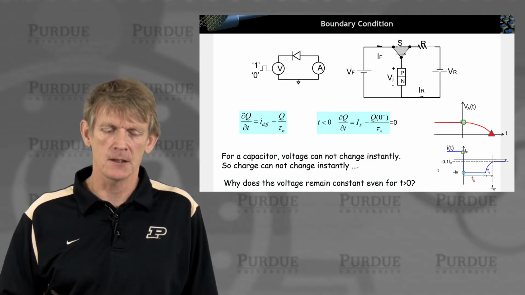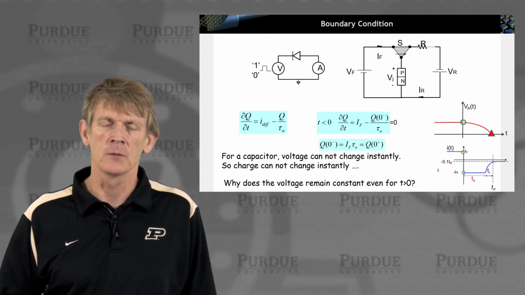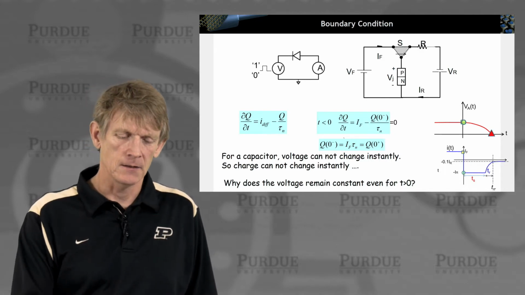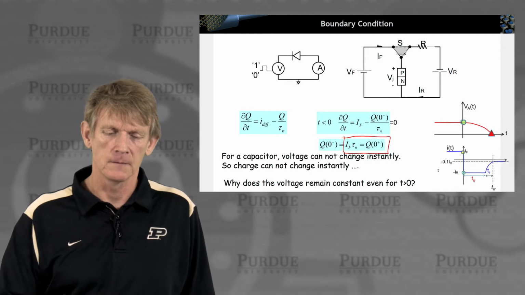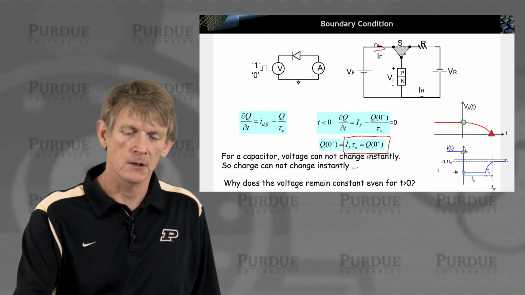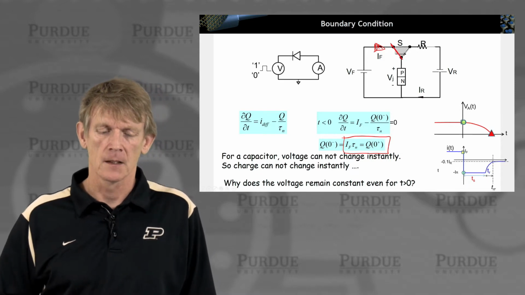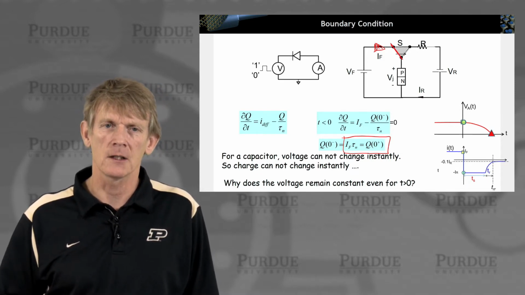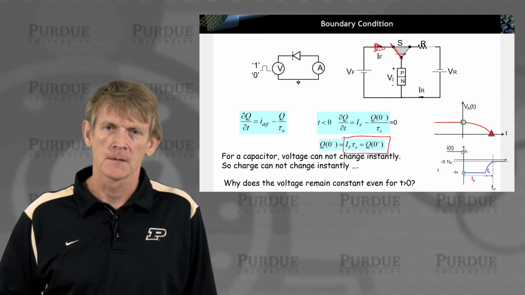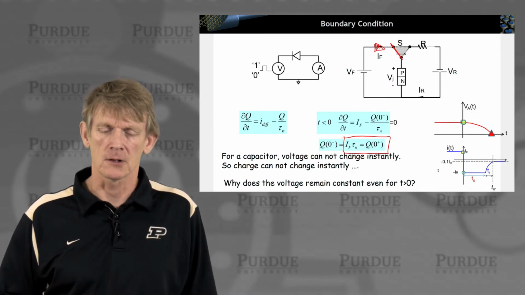So we're fully charged. Therefore, we can figure out the charge in the diode just before the switching: it's I forward, the forward current, times the minority carrier lifetime. That's the boundary condition.